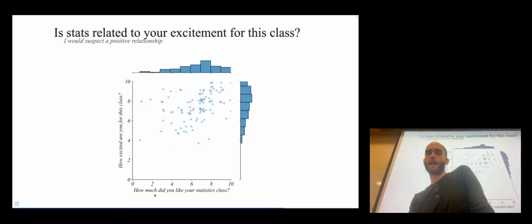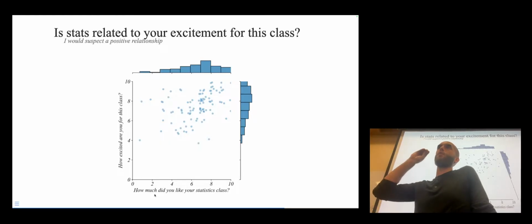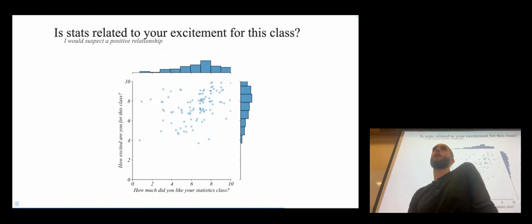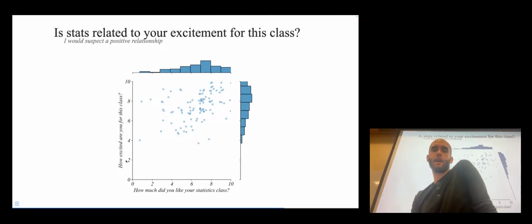So on the horizontal axis, I have how much you liked your statistics class. This is what's called a joint plot, which we'll talk about a little bit later. It's kind of fancy, so I don't want to make things too fancy right off the bat. But I have a histogram of whether you liked your stats class on the top here. And then on the vertical axis, I have how excited are you for this class.